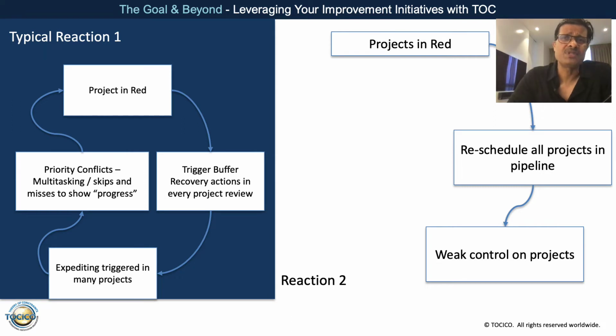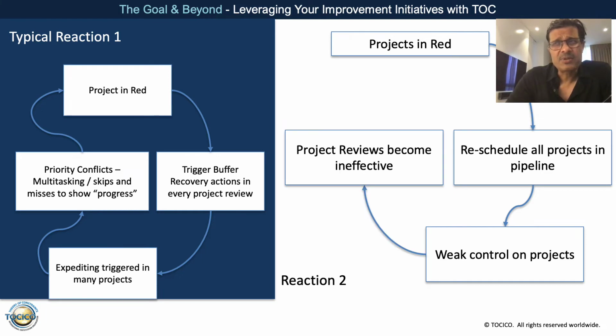If you just reset the baseline, they get a weak sense of control. As a result, the review meeting itself becomes ineffective. If you keep on rescheduling, the review meetings lose their significance, and slowly, without a good review, projects can also get delayed, and that can also contribute to the reds.